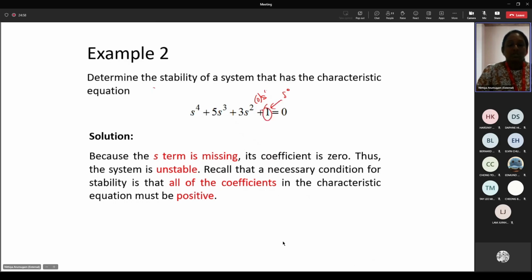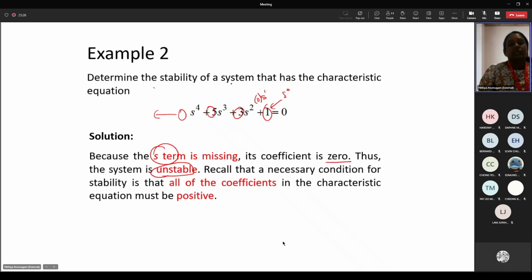So everything needs to be expressed in terms of s. Because the s term is missing, its coefficient is 0. Therefore, the system is unstable, because from the Routh stability criterion, we must have a positive coefficient in front.